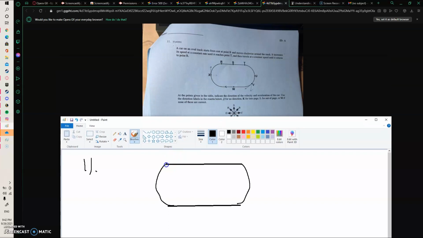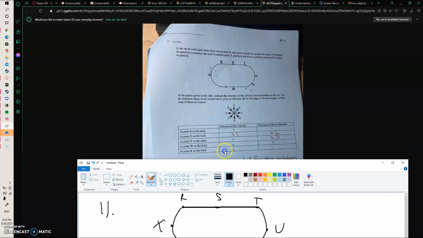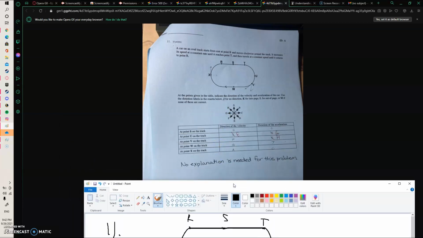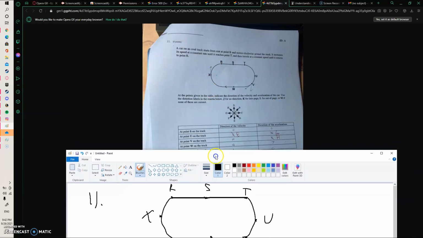And then it asks us for points R, S, T, U, V, W, X. So it actually asks us for the direction of the velocity and acceleration at each of these points.